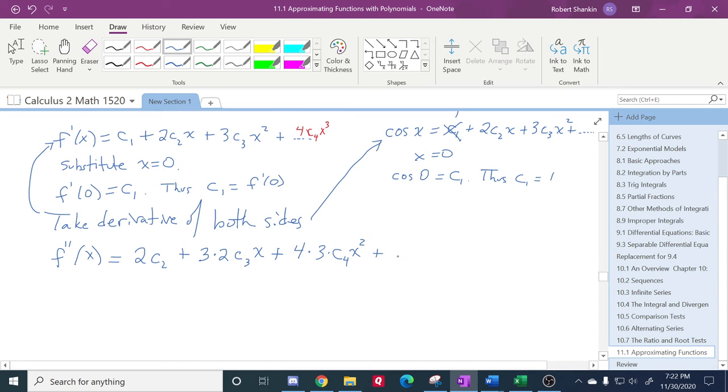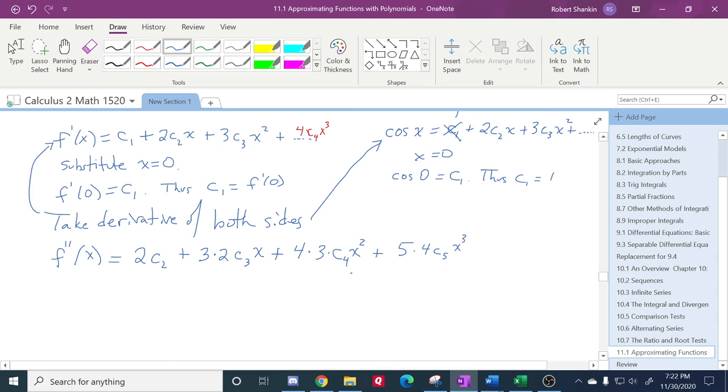Now the next one after that, if you follow the pattern, this number shows up as the last number. The next one would have been 5 times 4 C5 x cubed.